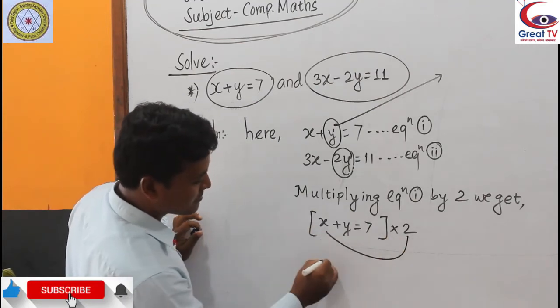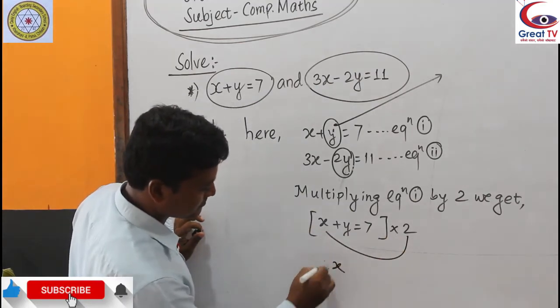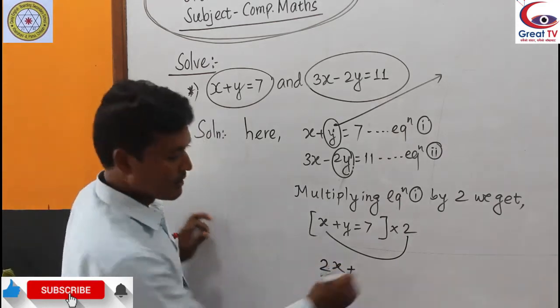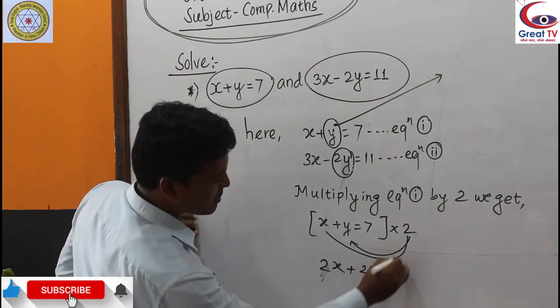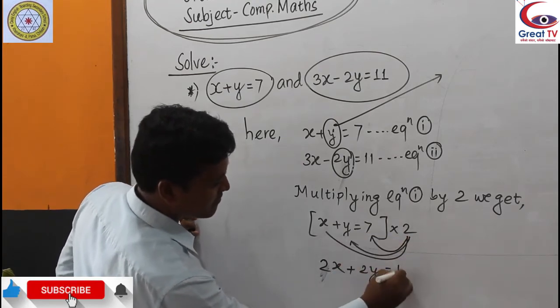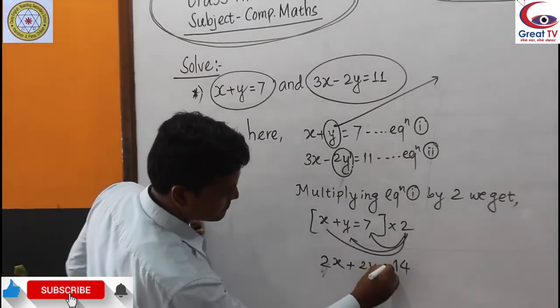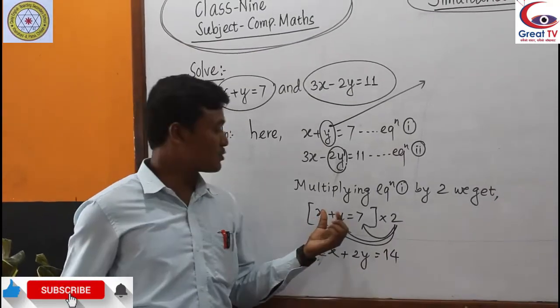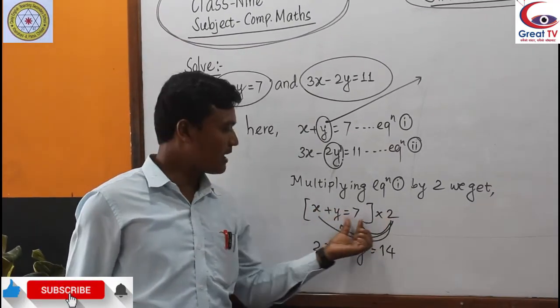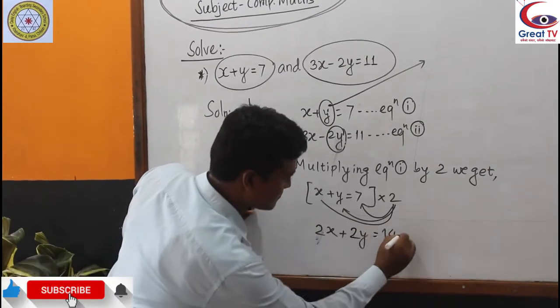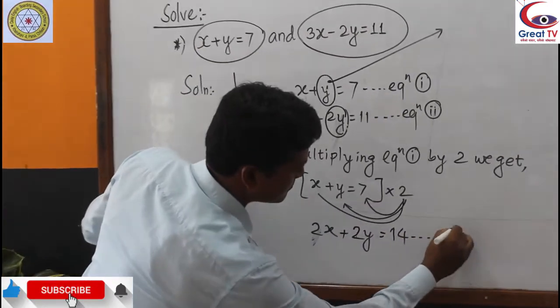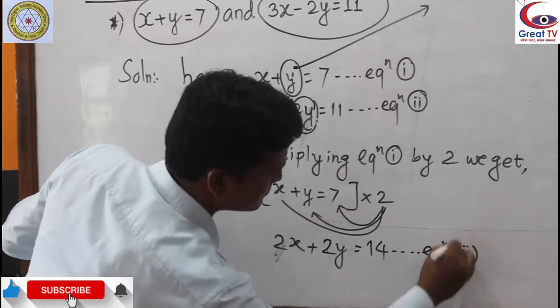2 times x, 2x. 2 times y, 2y equals 2 times 7, 14. Multiply the left side by 2, the right side also by 2. Let us consider this equation third.